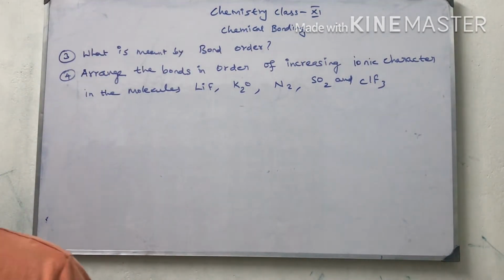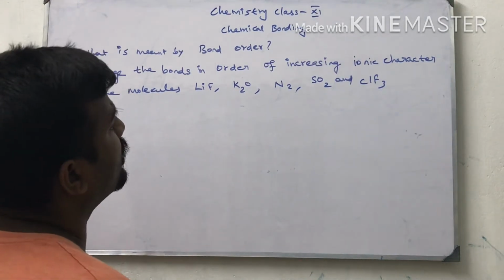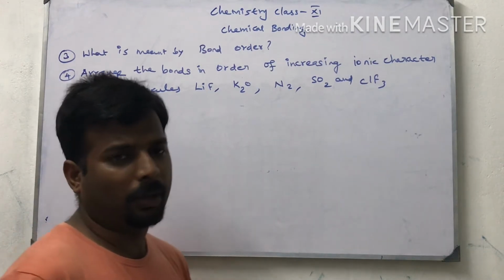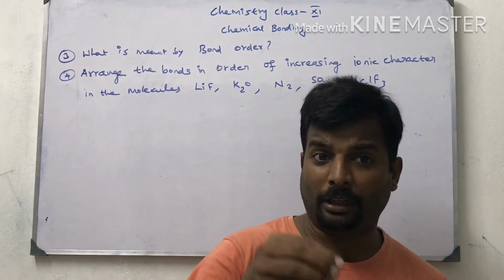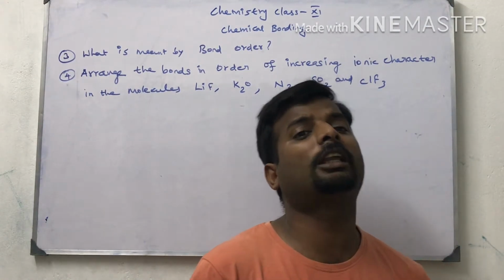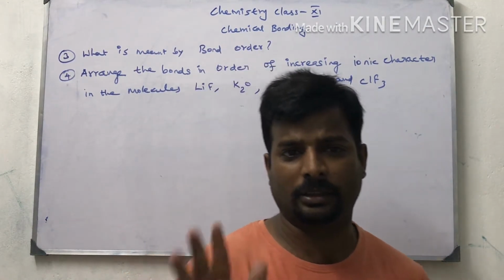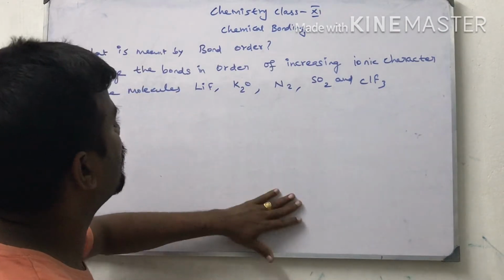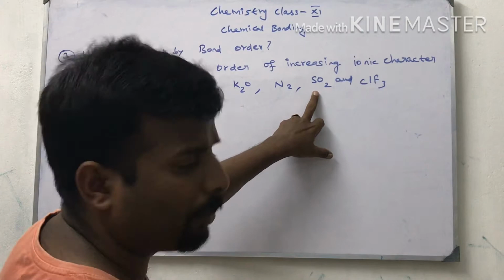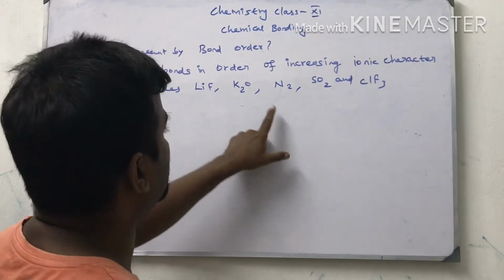The question is, arrange the bonds in order of increasing ionic character in the molecules. The important thing we have to learn here is, the greater the electronegativity difference between the two bonded atoms, the greater will be its ionic character. See that sulfur and oxygen are the same 16th group element, with similar electronegativities.